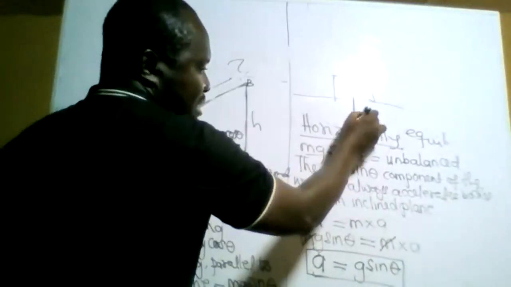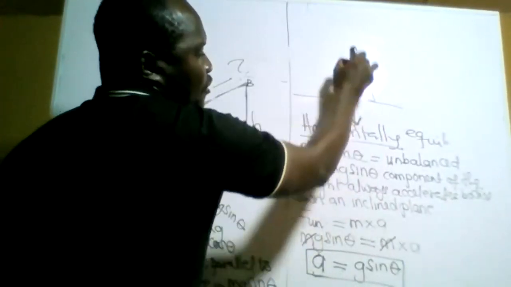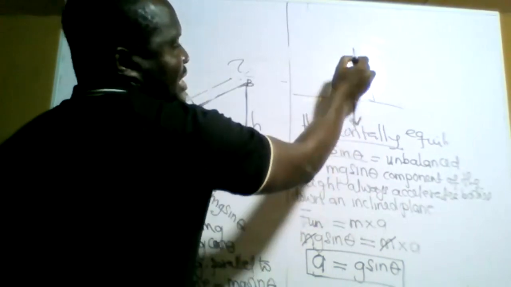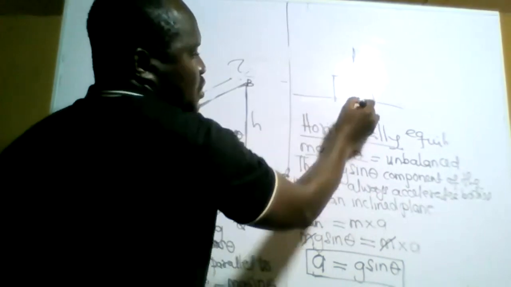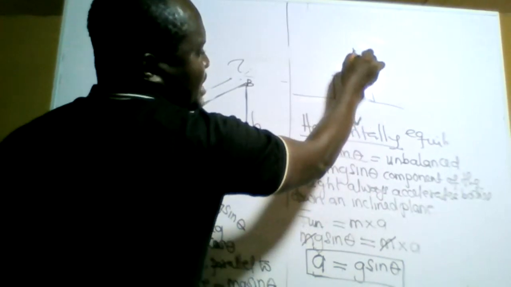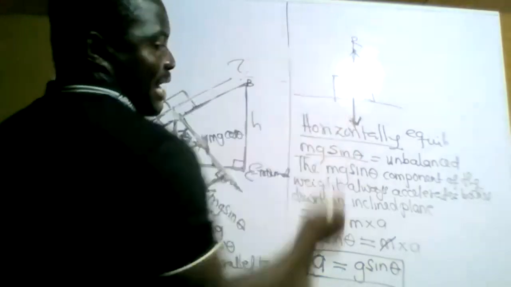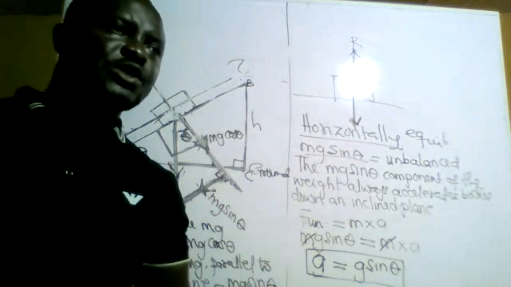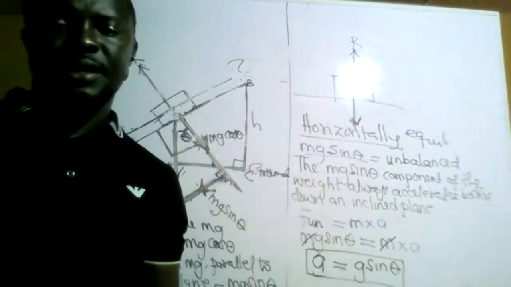So if this is the weight, there will be an equal force, equal in magnitude but acting in the opposite direction. So this is the weight, this is the reaction. So reaction is the other force which will balance the weight.